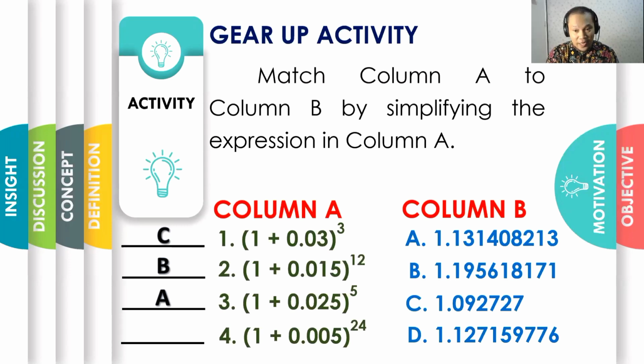And the last one, 1.005 raised to the power of 24, the answer will be letter D, which is 1.127159776. The concept that we utilized here will be applied in our preceding discussion.